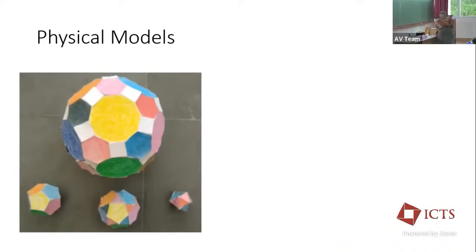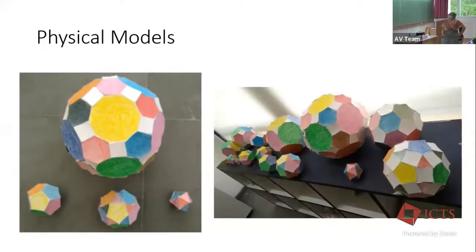Again, no glue, no tape, nothing. And this is the whole family except the snub dodecahedron. So if you come to our lab anytime, then you'll get to see them.